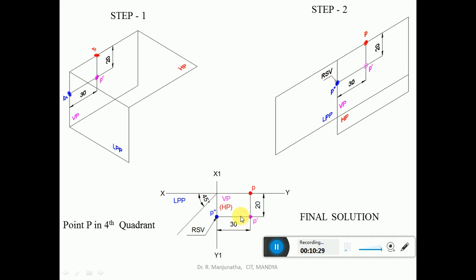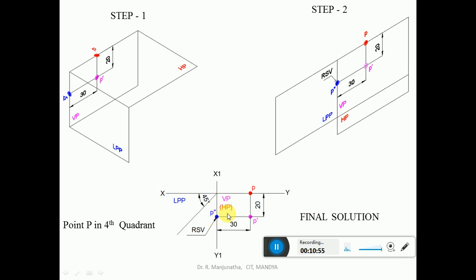That means you project this from the front view directly onto the X1Y1 line, and you project the top view distance onto the 45 degree line. So draw a 45 degree line adjacent to HP and project the top view point onto the 45 degree line, where it comes to the origin, and from here you draw a vertical projector so that it will intersect at this point, which is going to be P double dash.